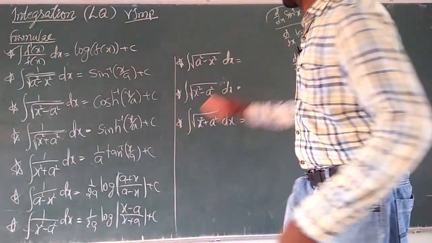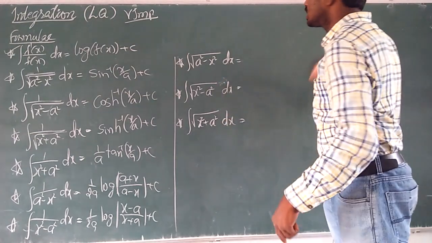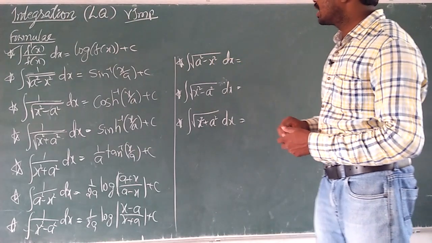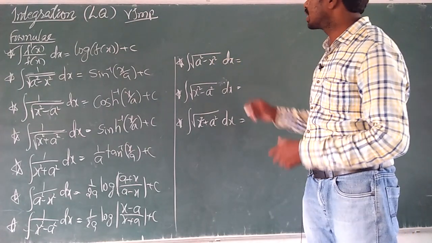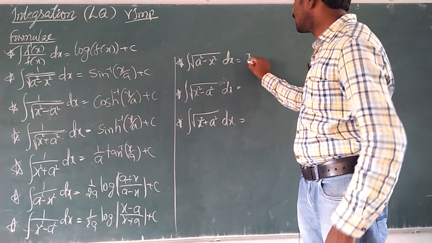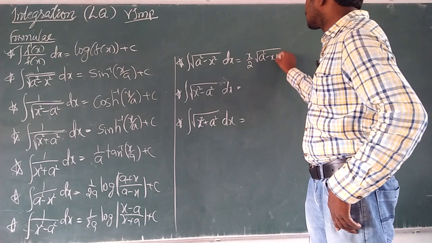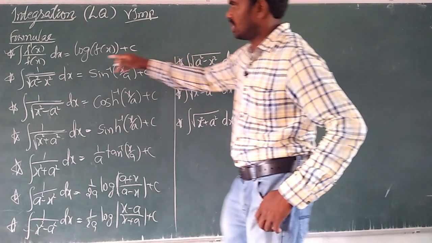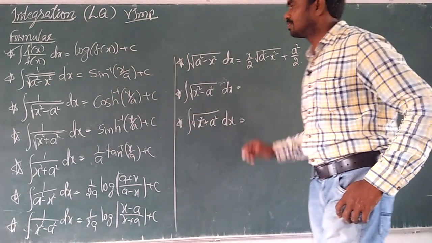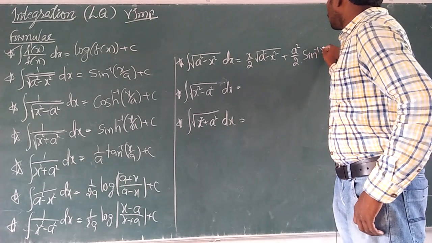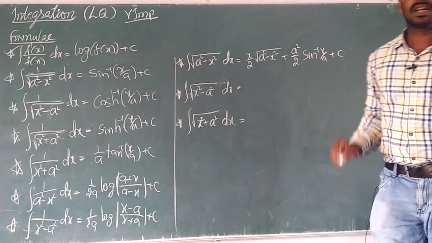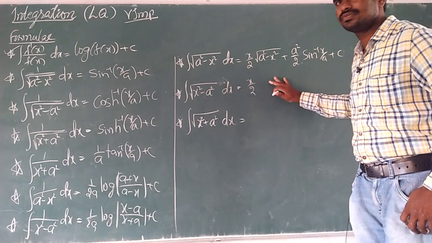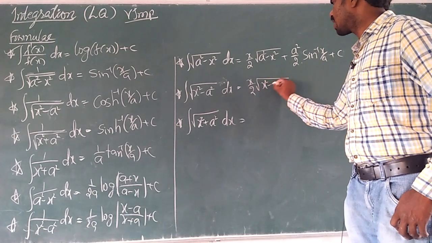And these three are especially important formulas. The integration of root of a square minus x square dx is x by 2 into root of a square minus x square plus a square by 2 into sin inverse x by a plus c, since the root of a square minus x square term gives sin inverse. Next, similarly, x by 2 into the same term root of x square minus a square.